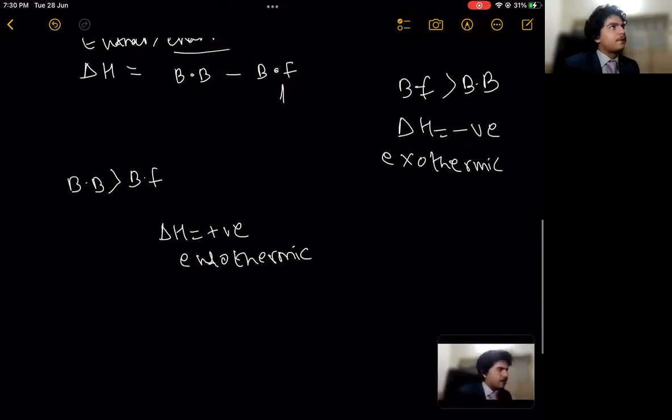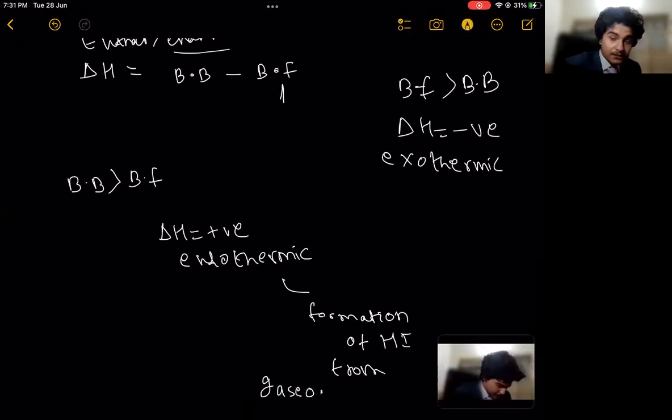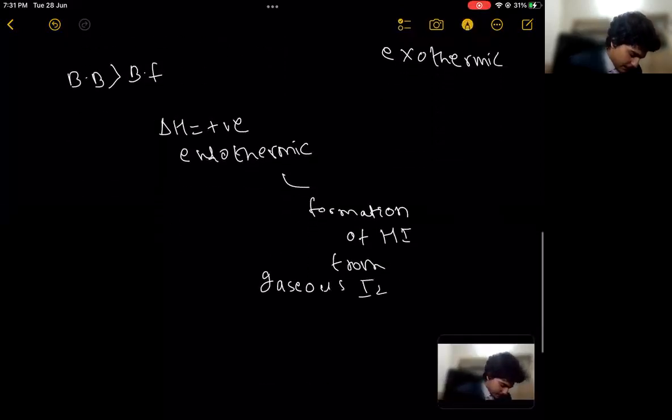A good example of an endothermic reaction would be formation of hydrogen iodide from iodine. It is a gaseous iodine. Actually, iodine is solid, but we convert it to gas, and hydrogen.